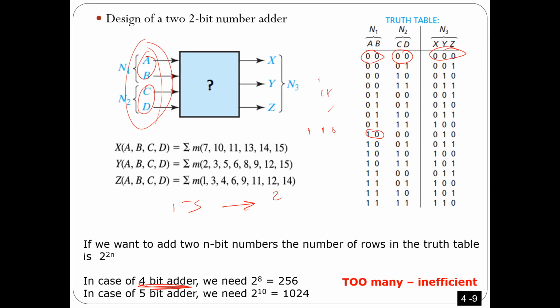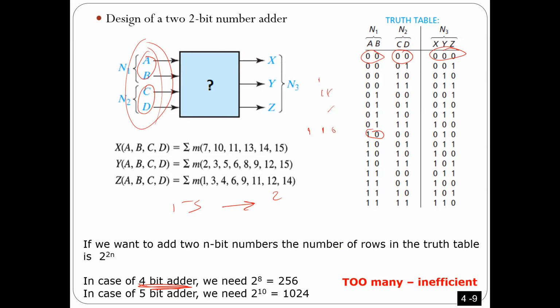Okay, guys? So again, what I have explained so far in this course is, if you want to design a circuit, you have to go to the truth table, simplify the truth table, get the function. Is that okay? However, it's not going to work all the time, or it's not going to be the best way if you have too many inputs. And this is the case with adders, because the number of inputs I have to multiply by 2 because I have 2 numbers.